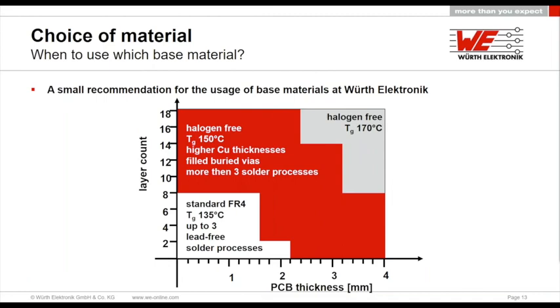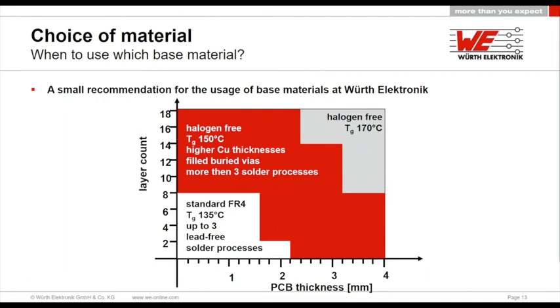For example, if you only have a maximum temperature of 60 or 85 degrees, the material with TG135 can be used without any issues. Normally, when we look at the temperature, material can be used up to 20 degrees below its TG. This is not the UL maximum operating temperature. Please note this. This is only the temperature where we say the material can be used.